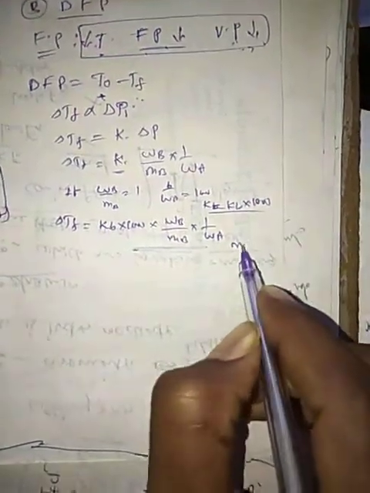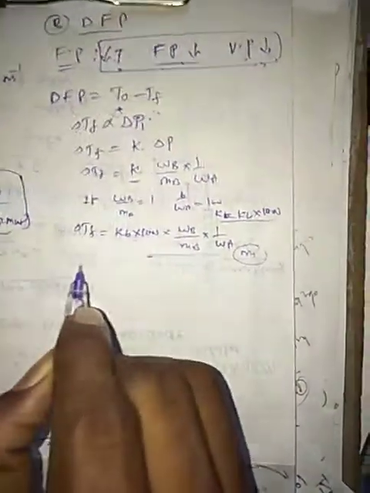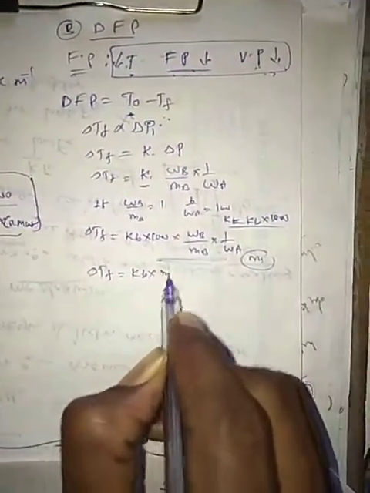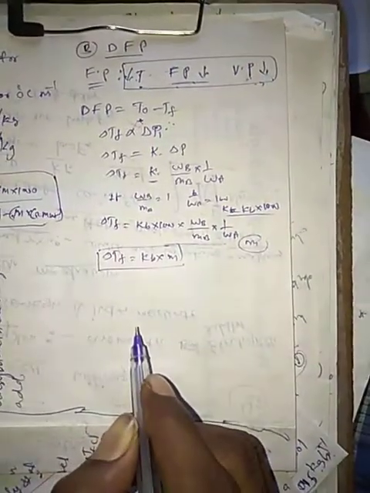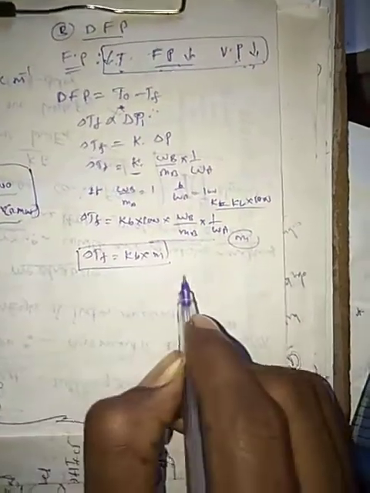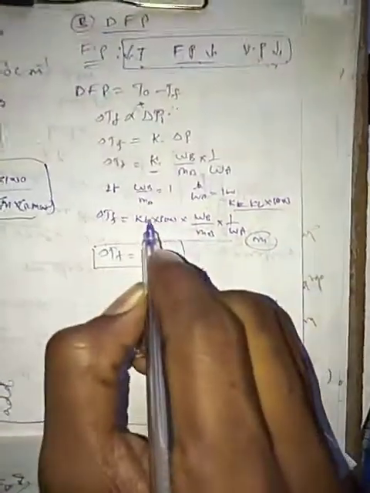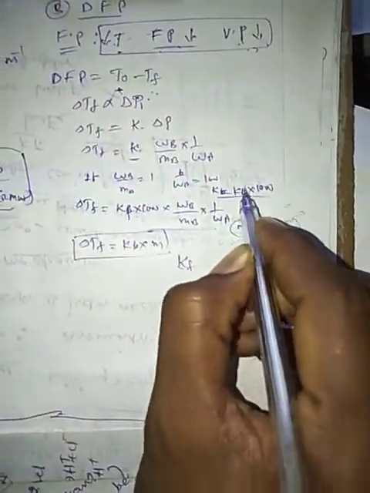Now this is the expression for molality, a small m. Now delta Tf is equal to Kf into small m. This is a formula we can substitute. And here Kb is equal, Kf is equal, sorry, it is Kf.